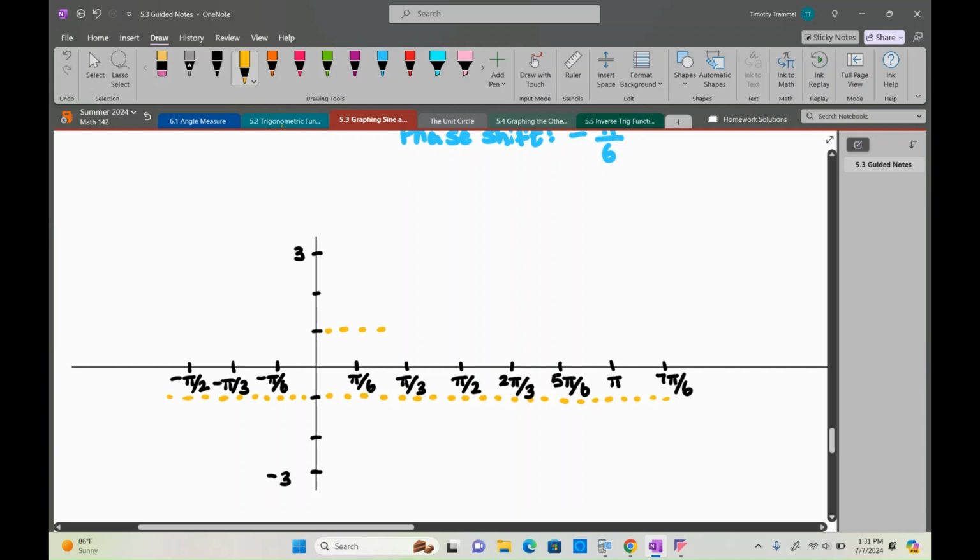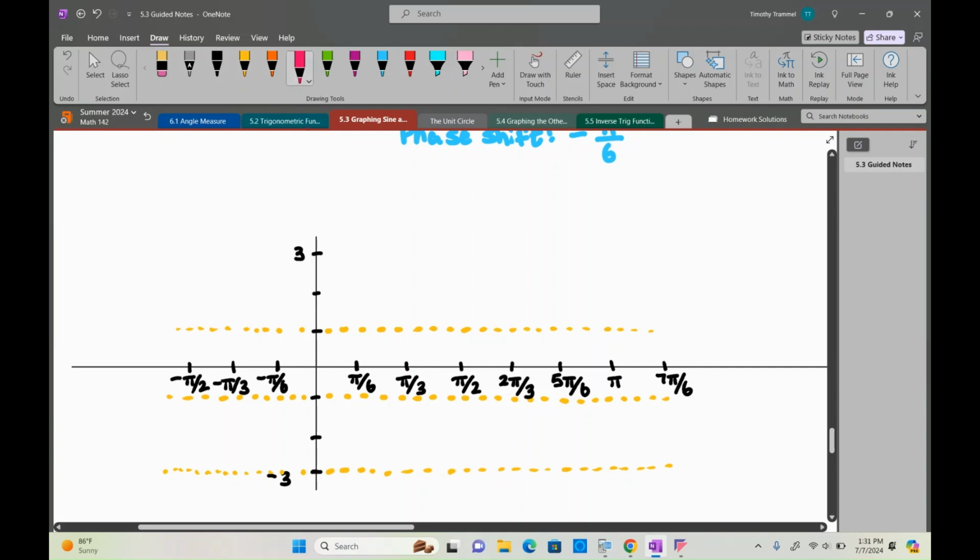Some people like to do this. I usually skip it, but I think when you're first learning, it can be really helpful to do it like this. And so I'll go 2 units down too, just so we can see where the bottom of the wave is. There we go.